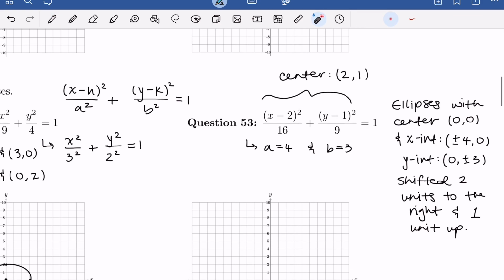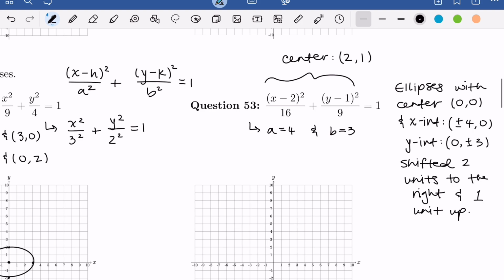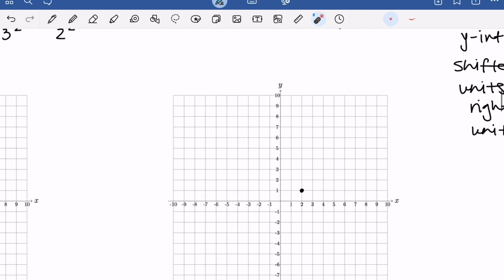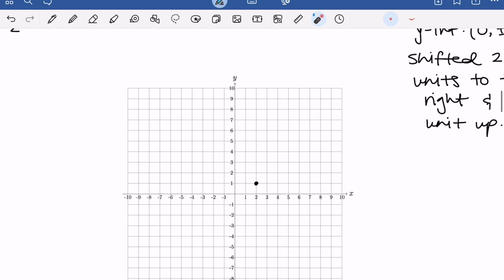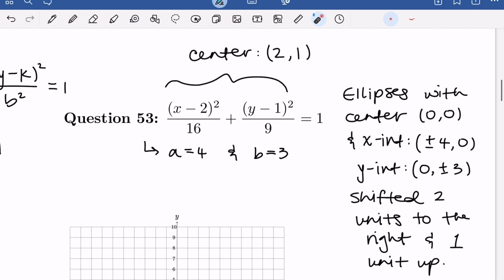So it's exactly what we have here. The center is going to be 2, 1, so that point. So if we started out with an ellipse centered at the origin, we're shifting 2 units to the right and 1 unit up. So that's what we did with our origin point, this 0, 0 here.